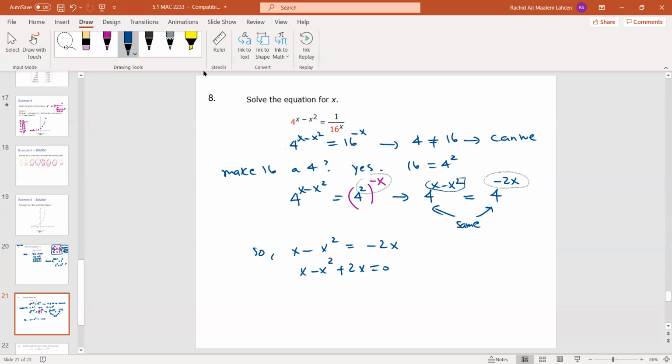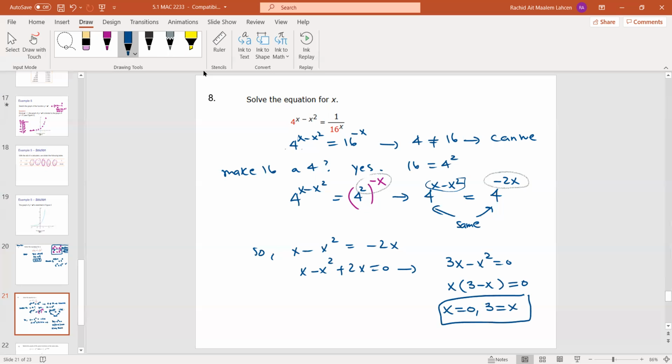If we put everything on one side, we get 3x minus x squared equals 0. So x(3 minus x) equals 0, so x equals 0 and x equals 3.